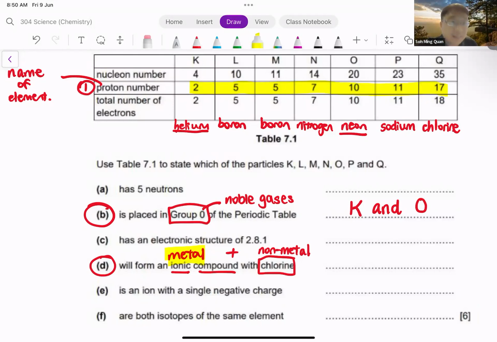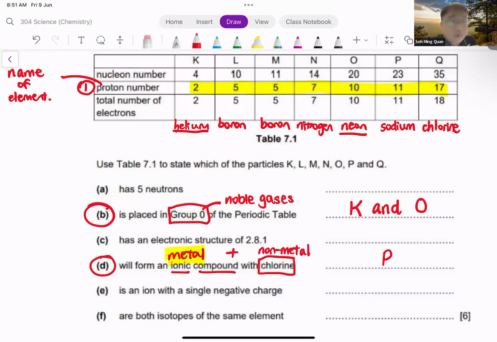Okay, sodium is a typical metal. Sodium is particle P in this case. Sodium reacts with chlorine to form sodium chloride. Sodium chloride is an ionic compound because it contains a metal and a non-metal. All right, so we have solved part D as well.